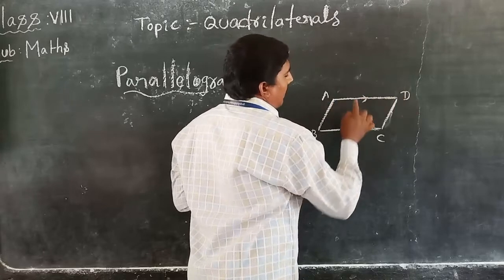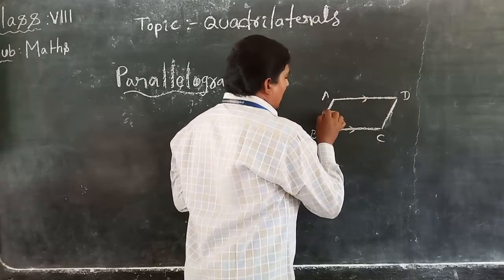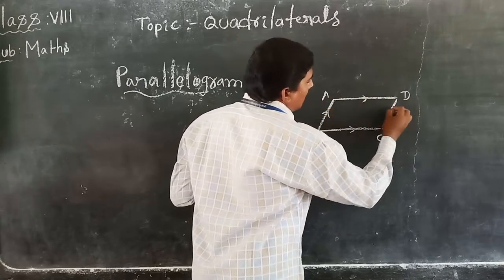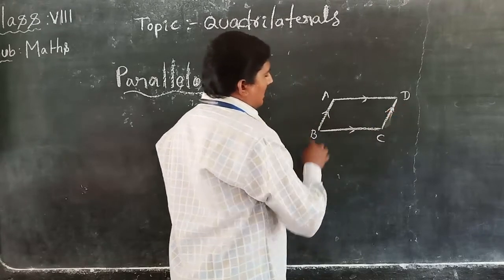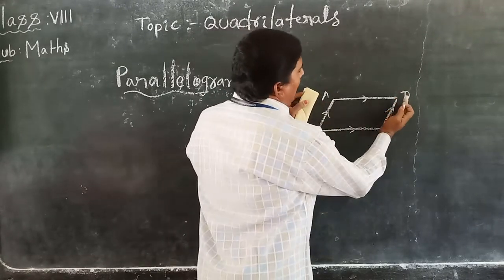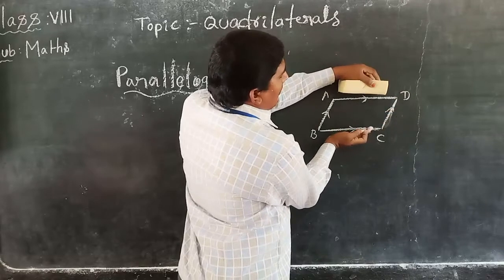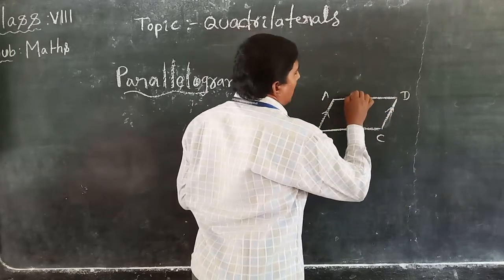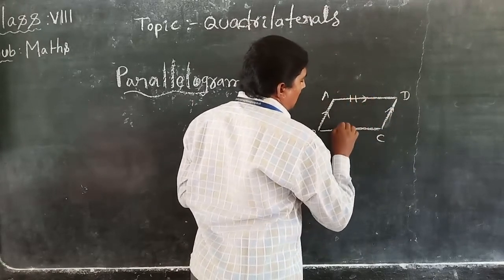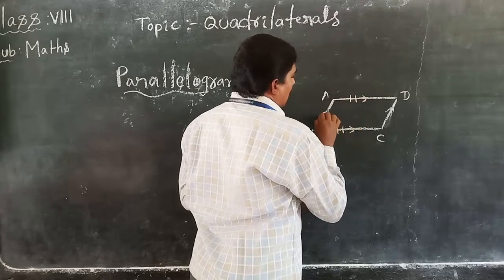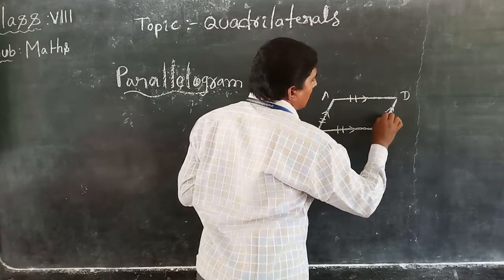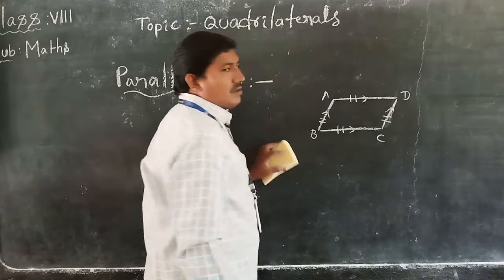AB is parallel to DC. These two are parallel and also equal. AD is equal to BC, and AB is equal to DC.